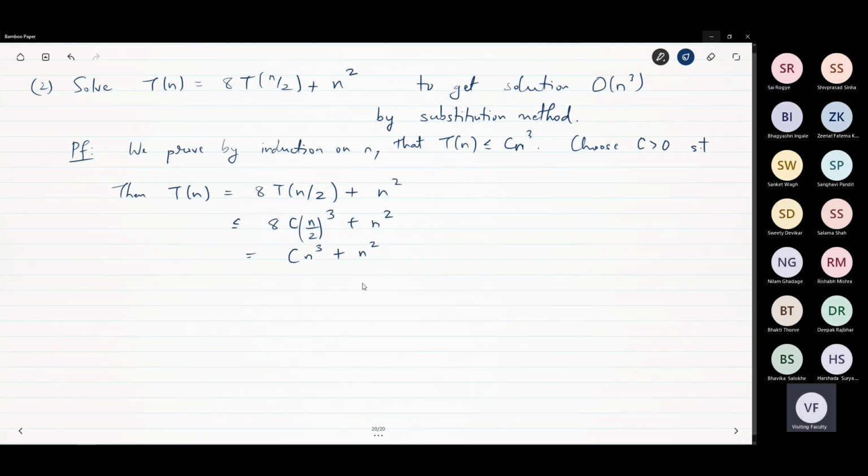So now do you see the problem? You can never show that this is less than or equal to C n cube because it's already greater than C n cube. It does not matter what C you choose. You choose C such that something happens, but this calculation already tells you that it is C n cube plus something more. So you cannot show this.